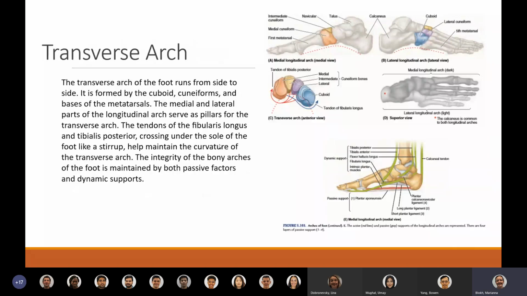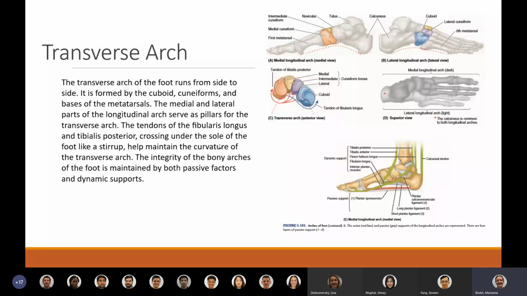Okay. All right. Transverse arch. So the transverse arch, what are the tendons to discuss? Again, we have the peroneus longus or fibularis longus and tibialis posterior. Why are they important? Because the peroneus longus travels from the lateral aspect of the foot and goes from lateral to medial.